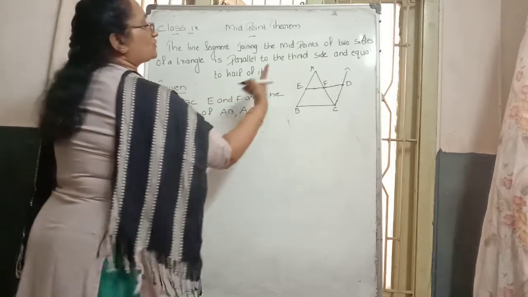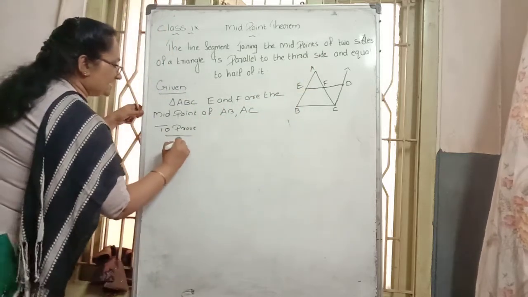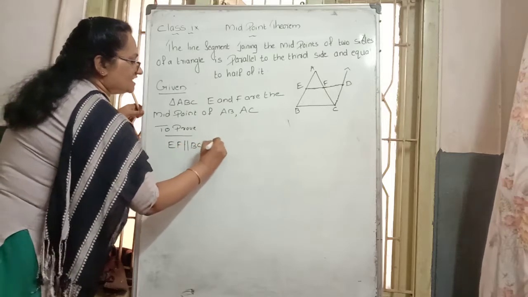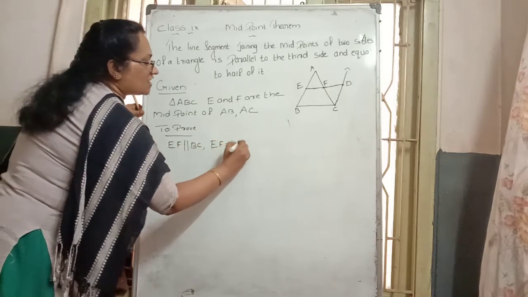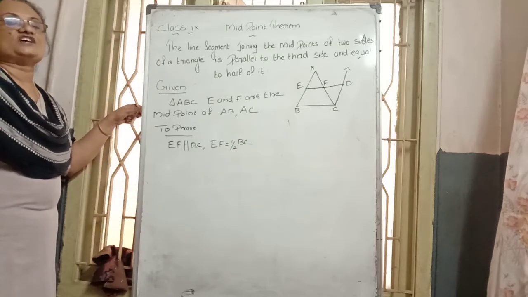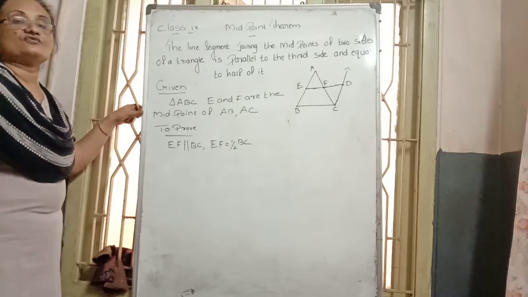We want to prove that the EF line is parallel to BC and EF is equal to half of the third side of the triangle, which is the BC side. So we want to prove EF is half of BC.